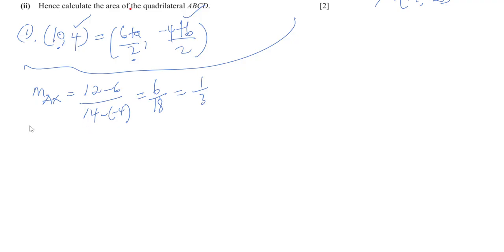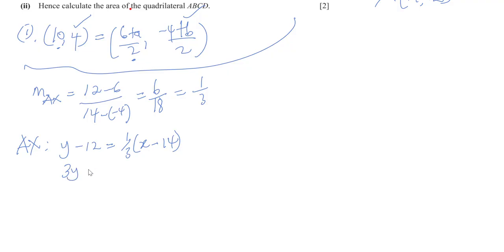Now go ahead and find the equation of line AS. y minus y1 equals gradient multiply s minus s1. Multiply each of the three terms by 3 to clear the fraction.